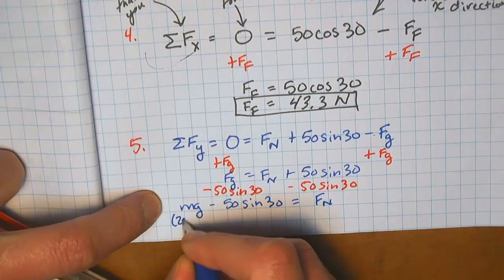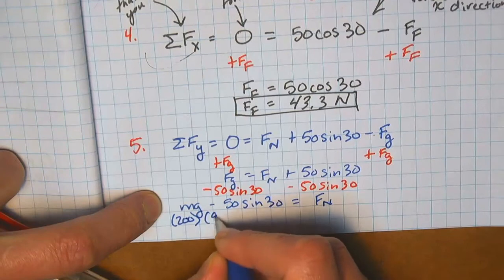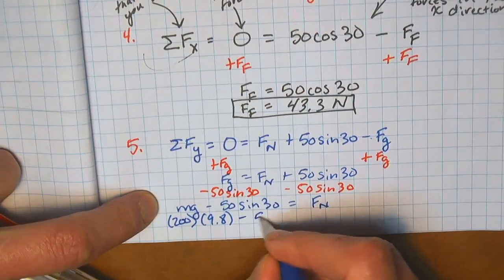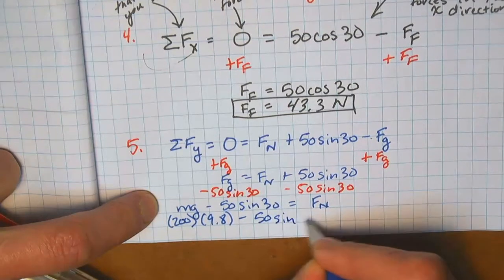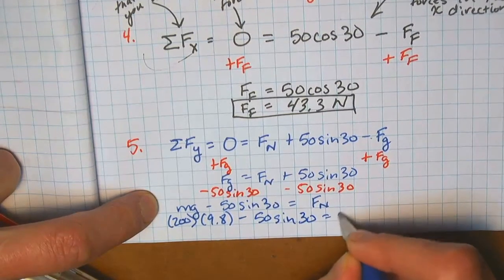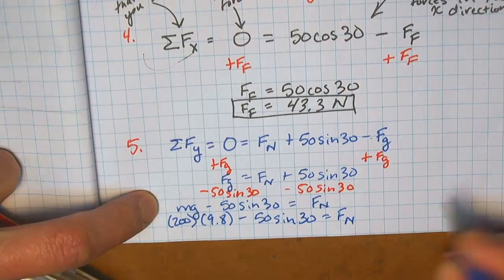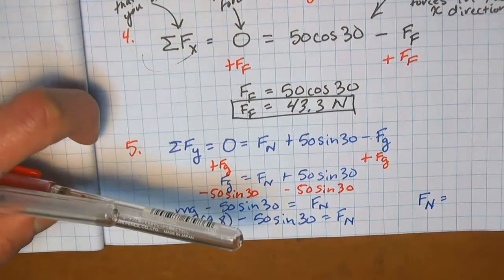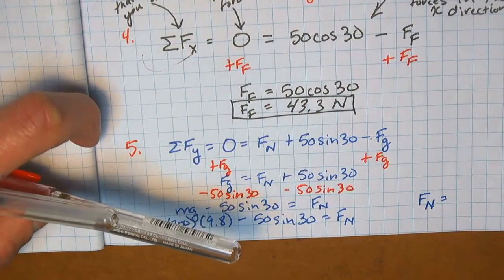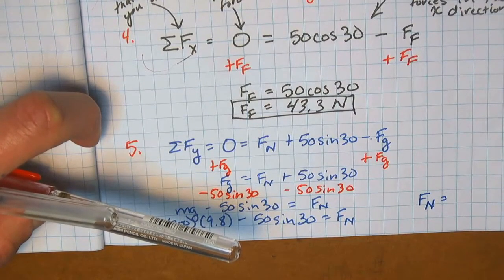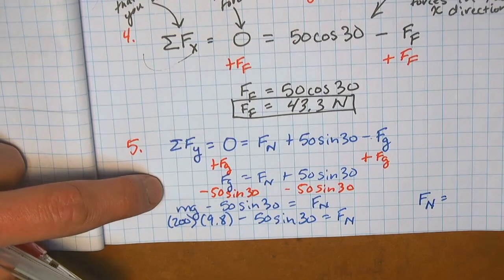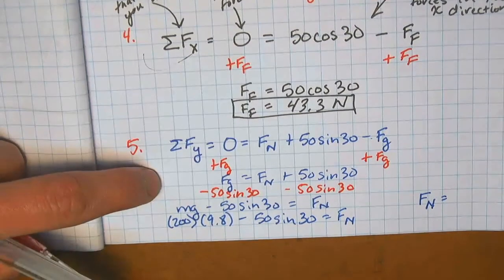So that's going to be 200 times 9.8 minus 50 sine 30 is equal to normal force. So 200 times 9.8 gives you 1,960 minus 50 times sine 30.